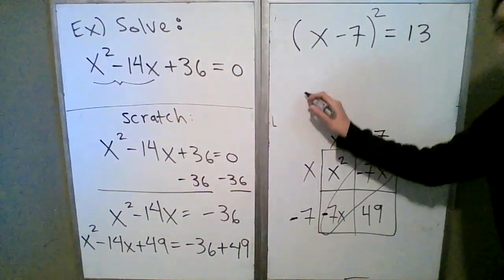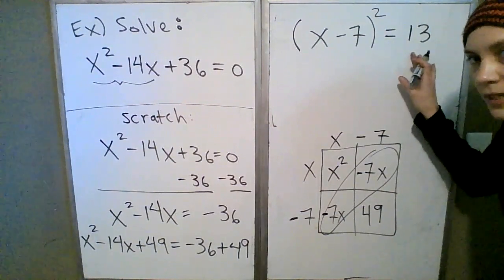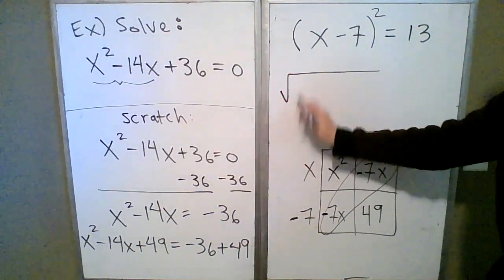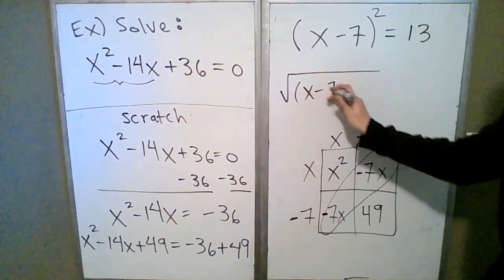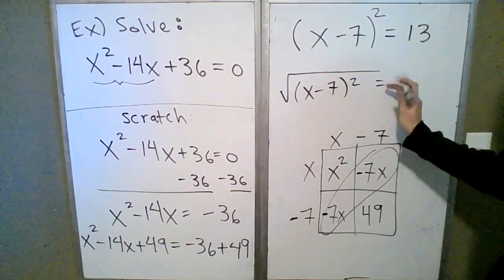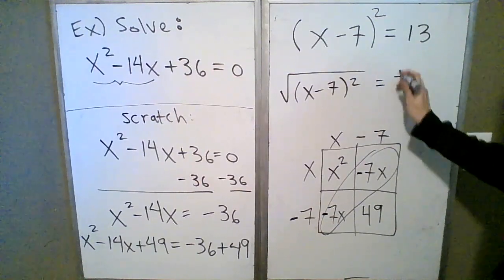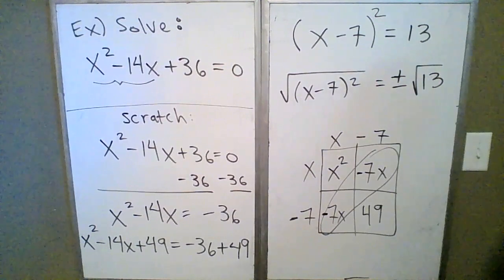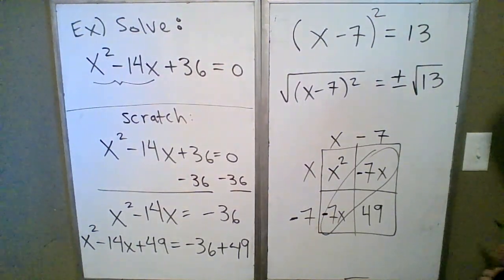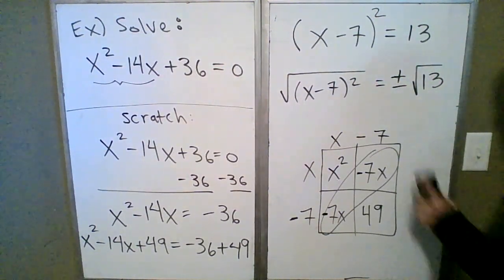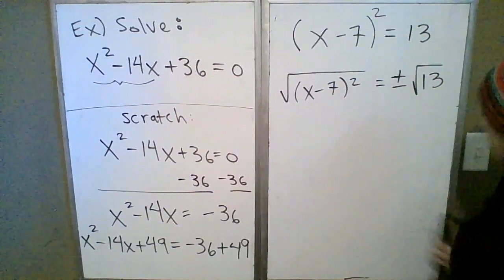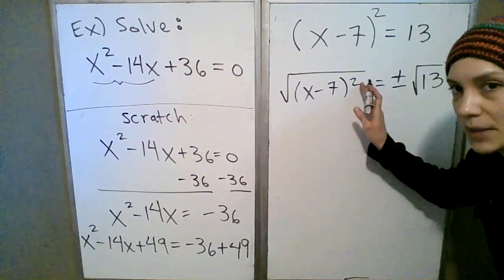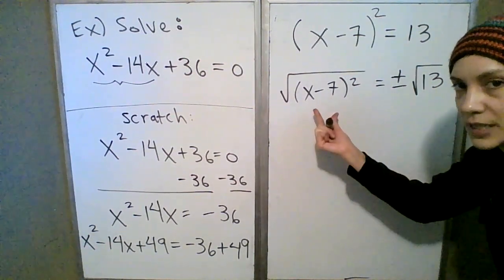And then we'll square root both sides with a plus or minus on the root of 13. Cool. All right, so that power 2 and that root 2 leaves the x minus 7.